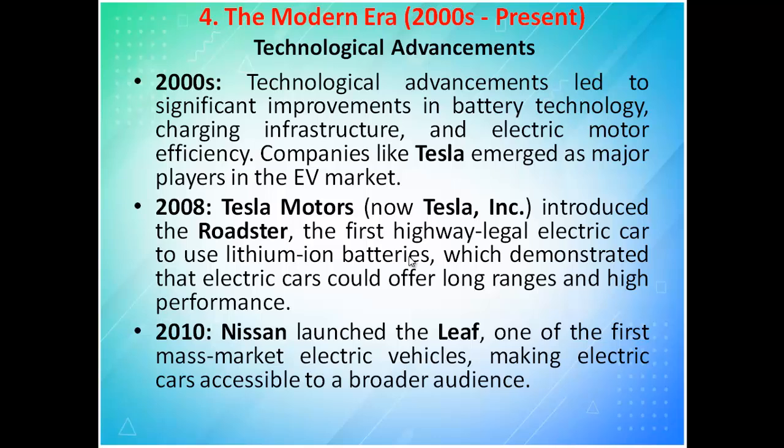Lithium ion batteries are chargeable and highly efficient. In 2010, Nissan launched the Leaf, a very successful model, the first mass market electric vehicle. These two vehicles released in 2008 and 2010 were produced in larger amounts, which means mass production was done in electric cars.